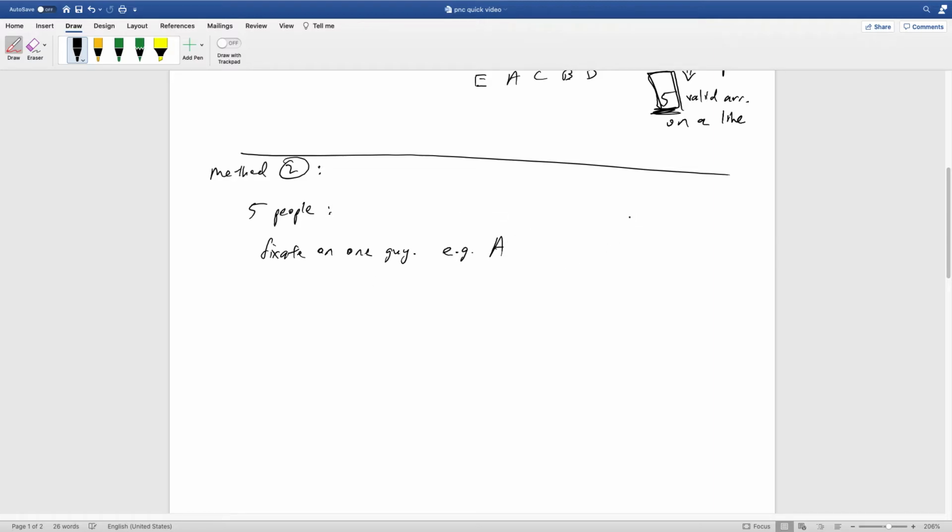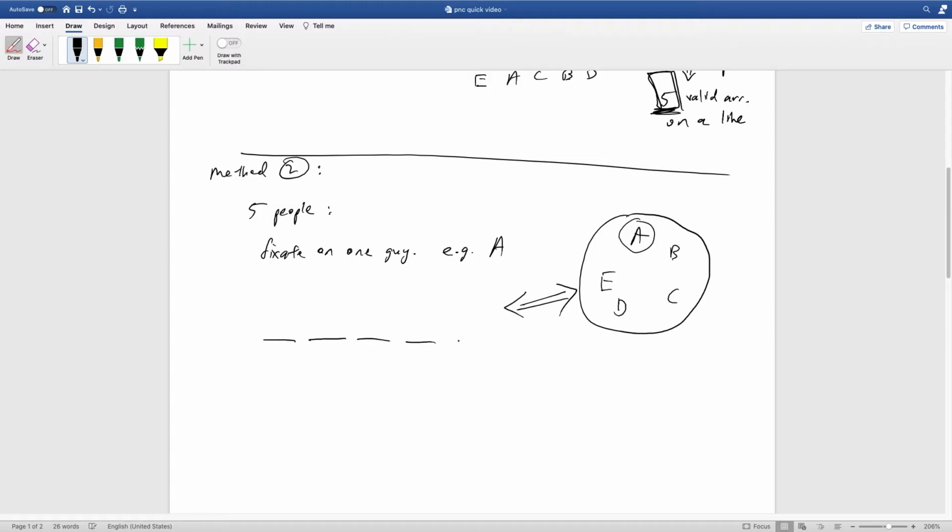Then for every arrangement on a circle, we ask the question, where is A located? A is located at this position. So for every arrangement of these 5 people on the circle, we map it to an arrangement of 5 people on a line where A is always in the first slot.